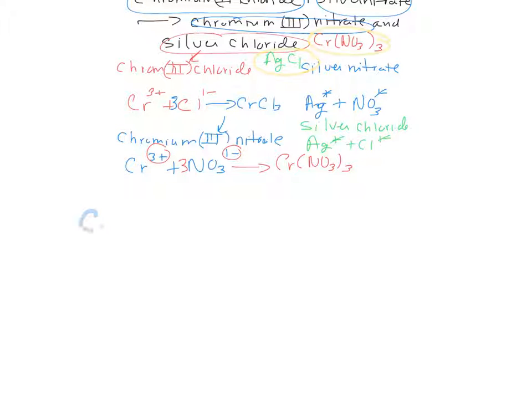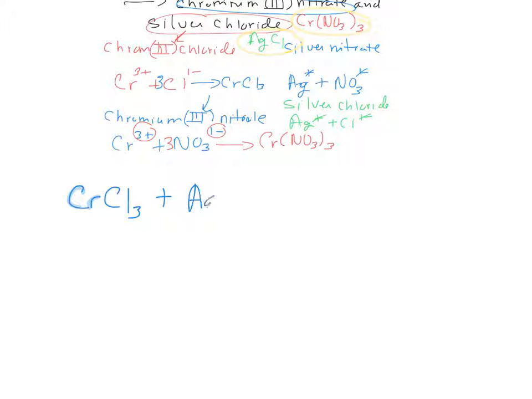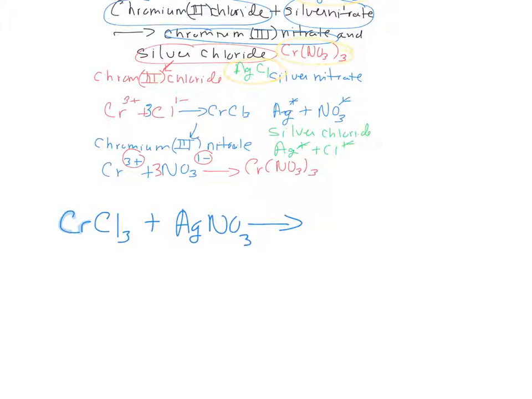So chromium 3 chloride and silver nitrate make chromium 3 nitrate and silver chloride.